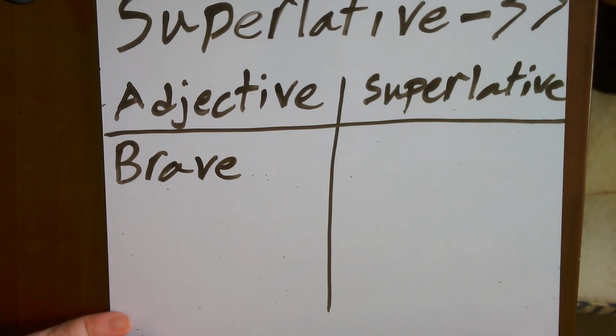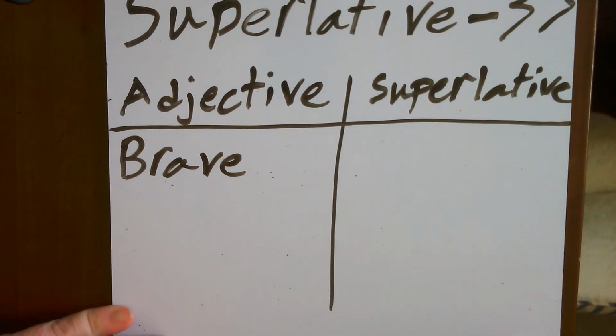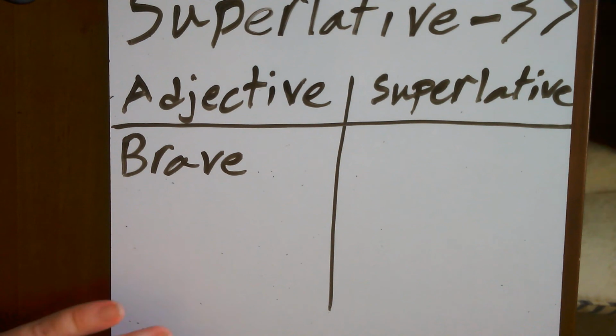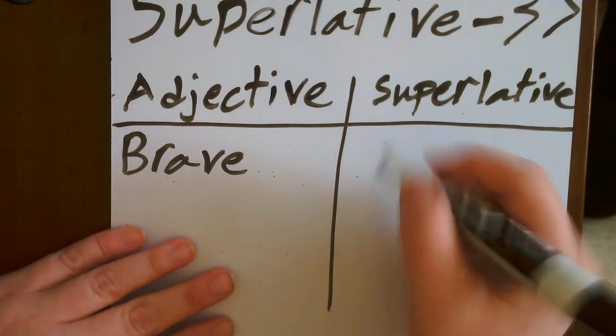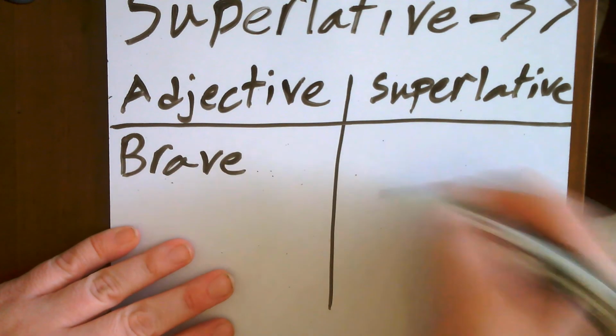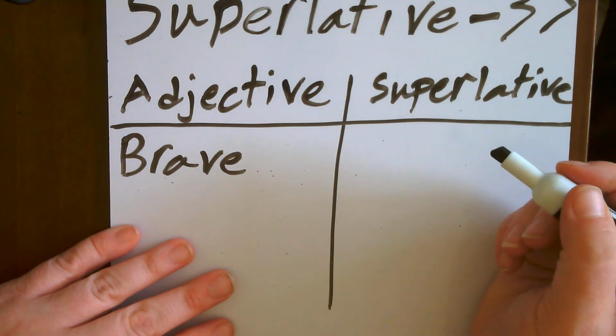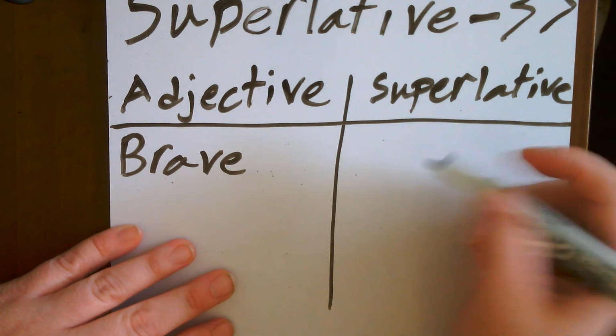So, if I'm looking at 2 things, it would be braver. But if I'm looking at all 3 of us, Briar, Luca, and me, I would have to say that Luca is the bravest. Now, superlative, for the most part, is going to come in the form of 2 words.